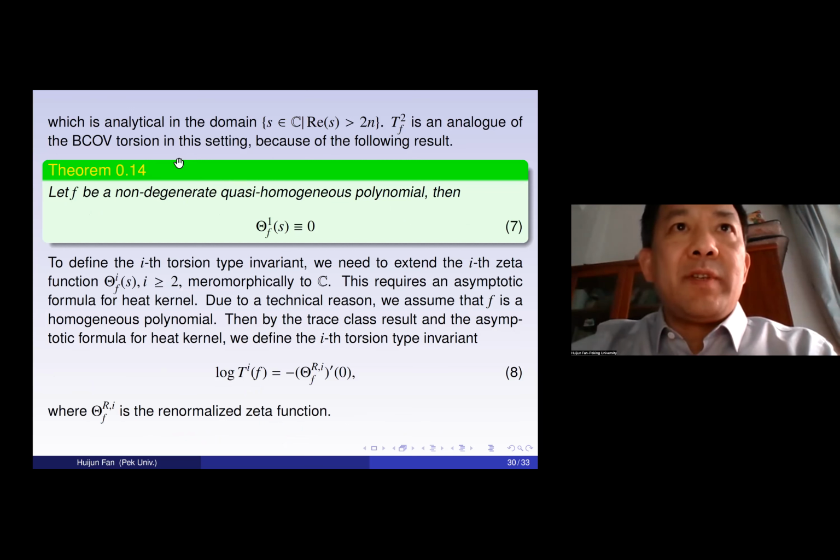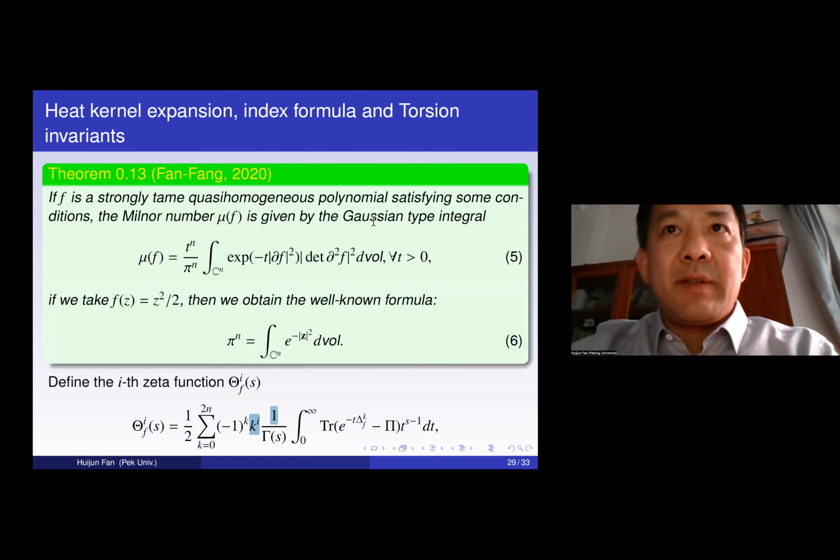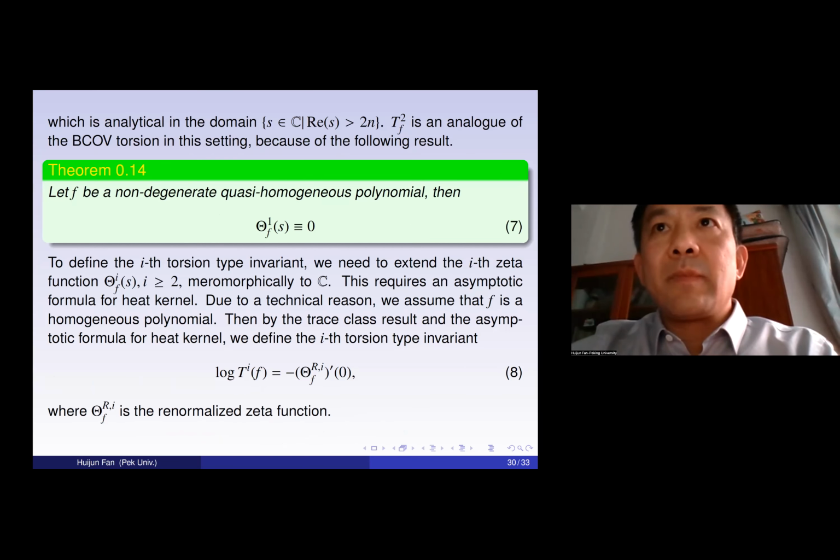This zeta function is analytic in the domain with the real part of s greater than 2n. So let's skip this part quickly. And we have the following theorem. Let F be a non-degenerate quasi-homogeneous polynomial, then the first zeta function vanishes.